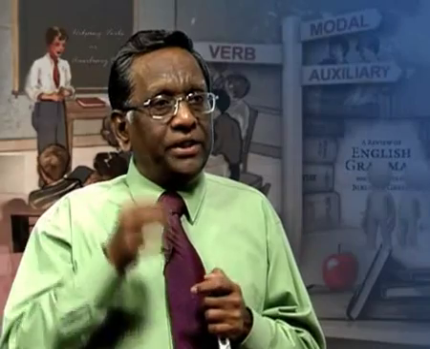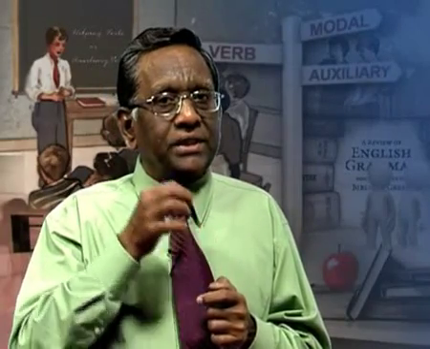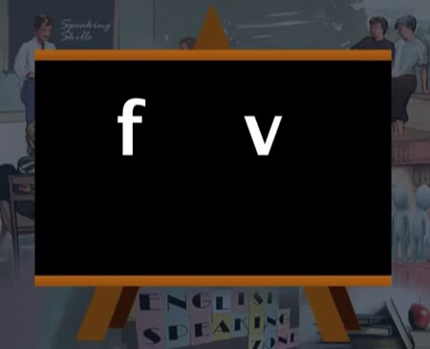The difference between f and v is in the voicing. Initially, there is no voicing, it is a voiceless sound, and finally, it is a voiced sound. Friction is very important in producing these sounds. The phonetic symbols for these are f and v. The f is voiceless and the v is voiced.